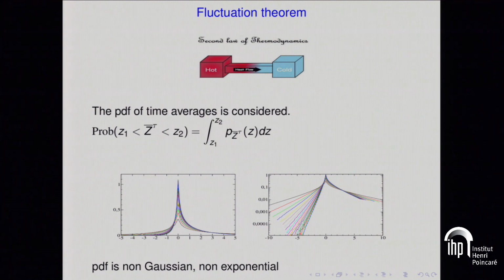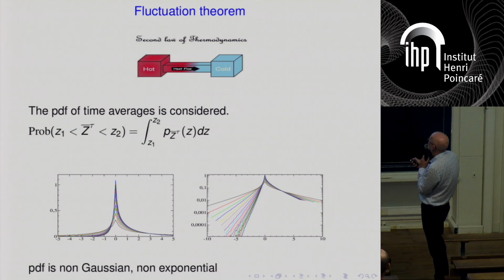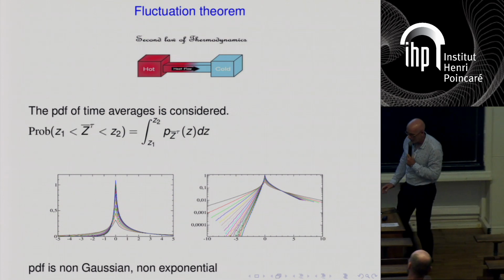The black line is the instantaneous one, and the other lines are averages over increasing intervals of time, with longer and longer averaging times. So the PDF becomes more and more peaked in time.